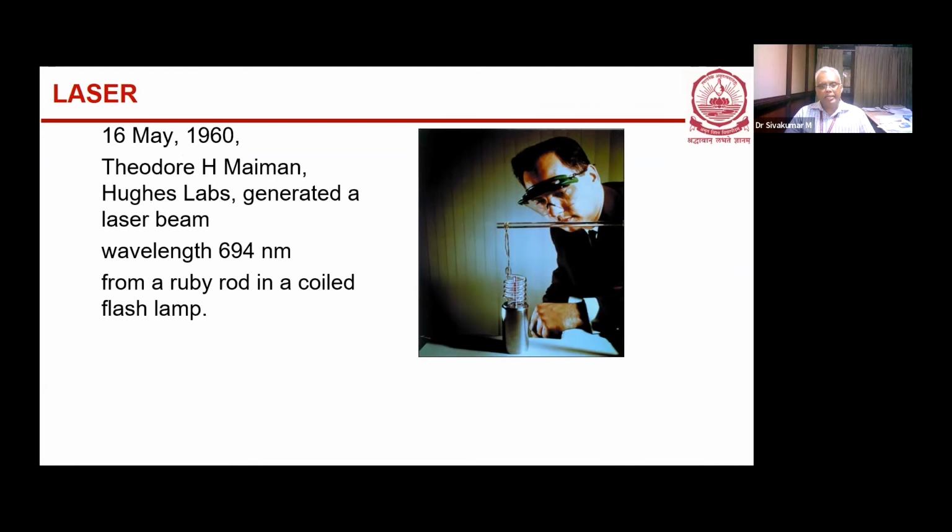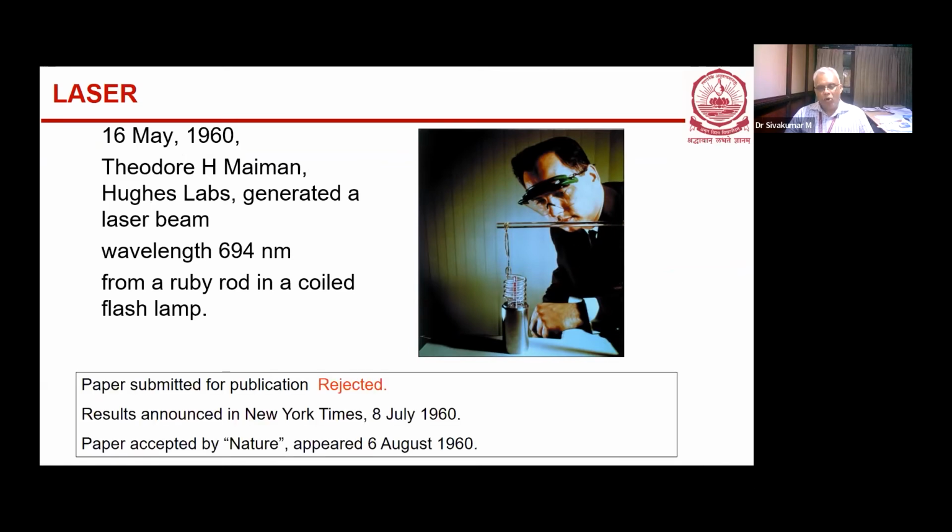So he was the one who developed the first laser. Let us see the details of that. If you see that paper, it was rejected by some journals, and later they accepted it in Nature, which is a very famous journal, in 1960.